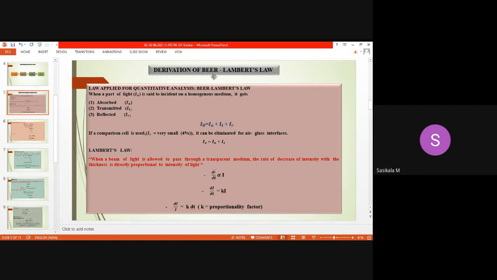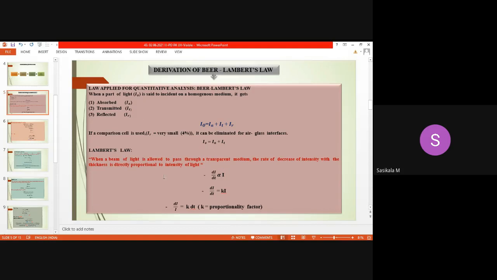dI is the differential of the intensity of incident light. This I represents the intensity of incident radiation, I0 is represented here as I, and T is the thickness of the medium, which is directly proportional to the intensity of radiation.